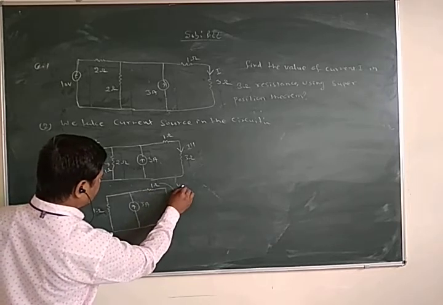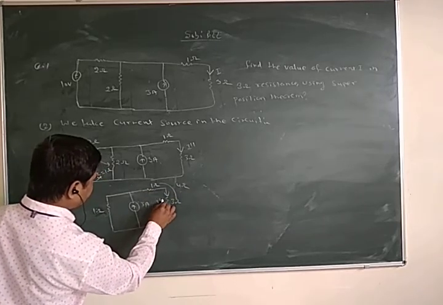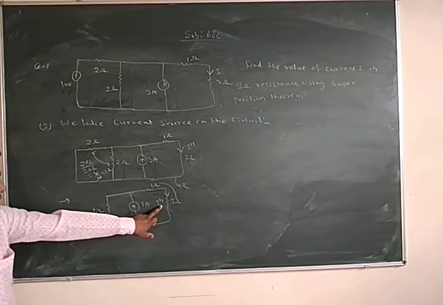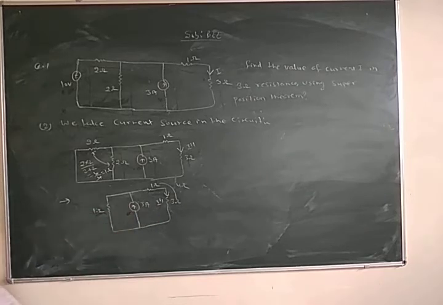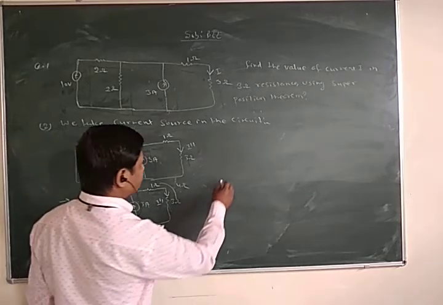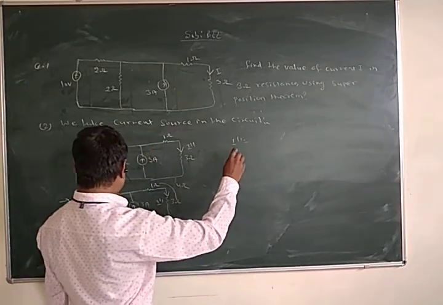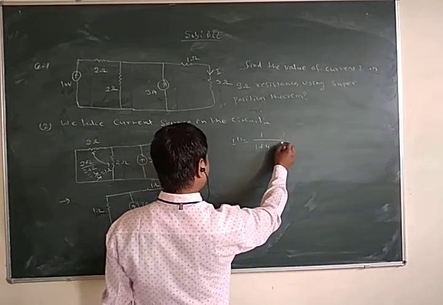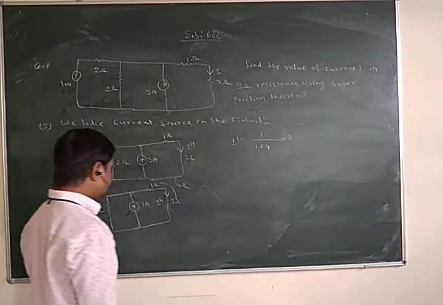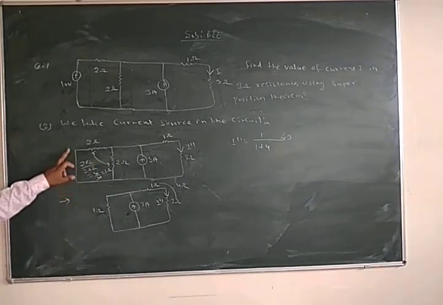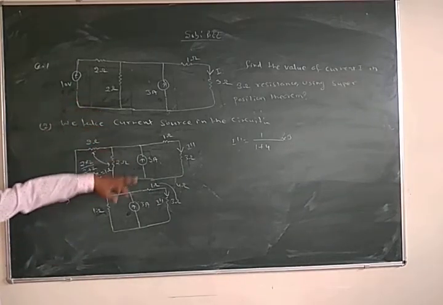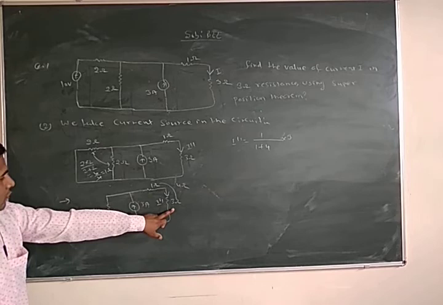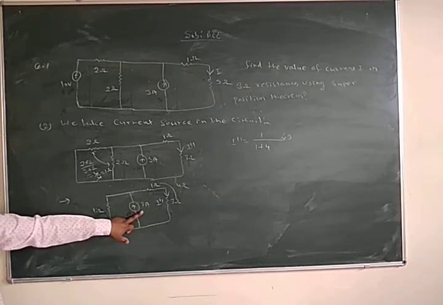Total is 4 ohm. Current is I double dash. Similarly here we use current division rule and we find the value of current I double dash due to current source. So that value of current I double dash is 1 divided by 1 plus 4 into 3 ampere.